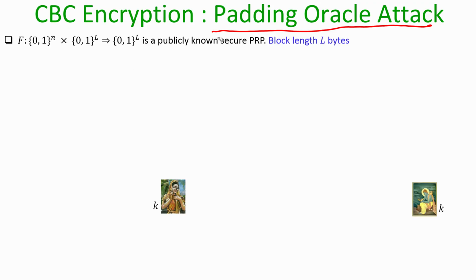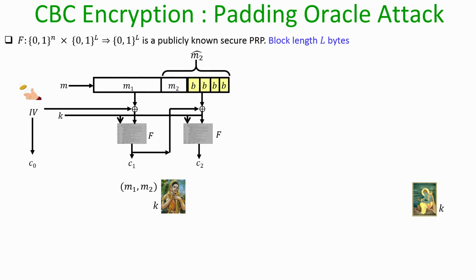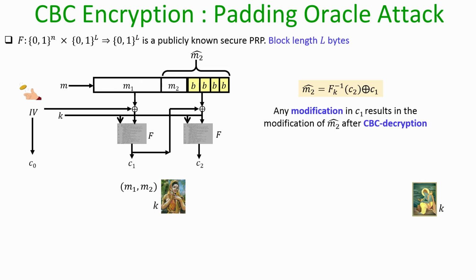So, imagine a scenario where we now have a sender and a receiver, and say the sender has a message consisting of 2 blocks, and say it has padded the second block with the necessary number of bytes as per the CBC mode of encryption and the PKCS padding, and the resultant ciphertext has been communicated to the receiver. And the adversary does not know the value of the key, it does not know the block contents M1 and M2, but it knows the relationship of how exactly the decryption is going to happen at the receiving end.